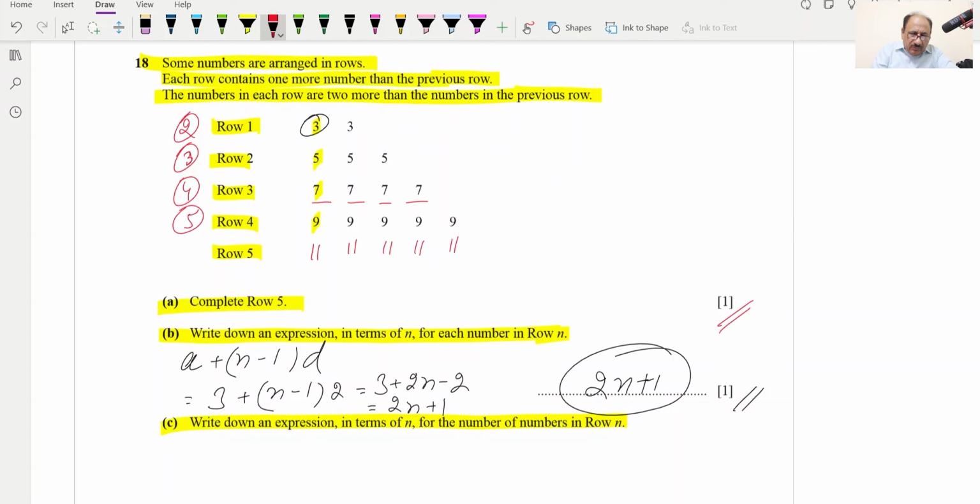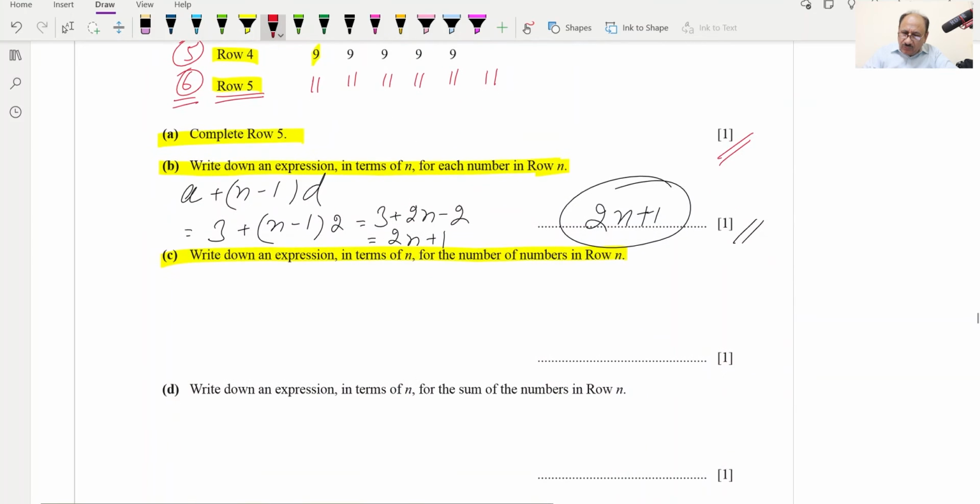This is having 5 numbers, and this one, 11 should be over here as well, then it will be complete. So it is having 6 numbers. So whatever row number we are adding 1 to get its numbers in the rows, so it will be n plus 1. Hopefully you understood this. So this will be n plus 1. This is also a 1 mark part, so done.